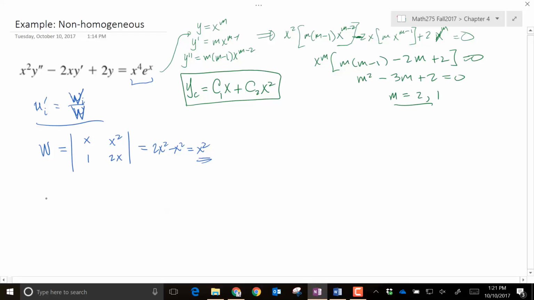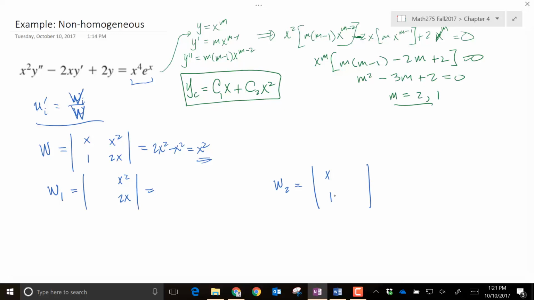Now I need to find a W1 and W2. So remember, the W1 replaces the first column with the right-hand side and 0. Is that right? Is that how it goes?